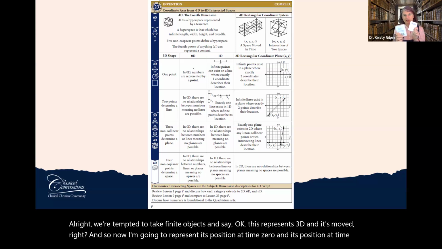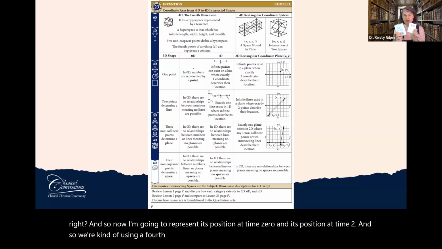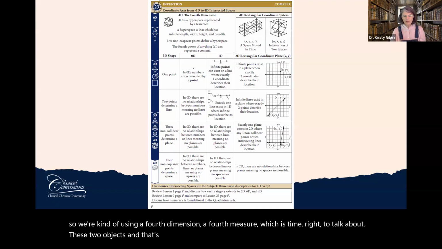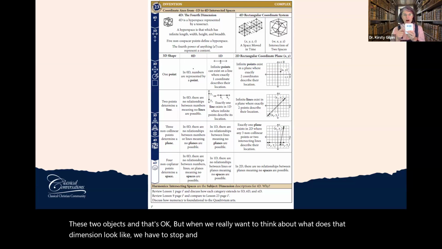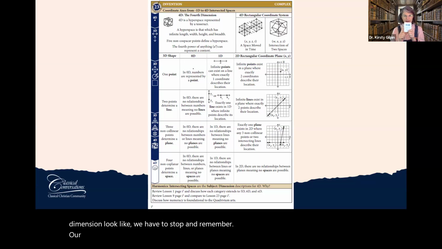And so we're kind of using a fourth dimension, a fourth measure, which is time, to talk about these two objects. And that's okay. But when we really want to think about what that dimension looks like, we have to stop and remember our 3D space is not finite. It's infinite.